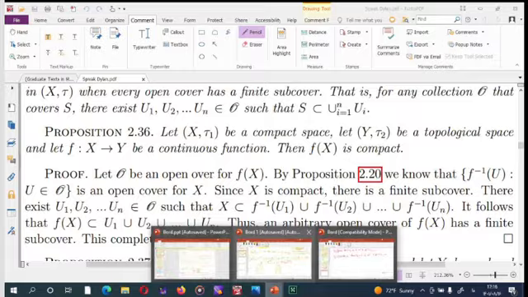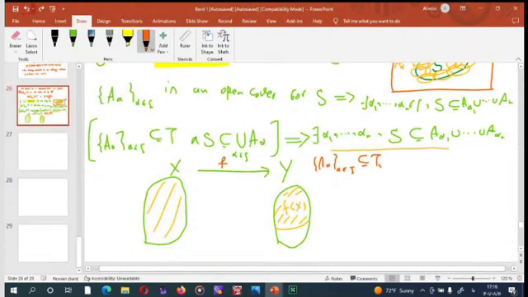We can write this as a subset of T2. This is a topology on Y, because f of X is a subset of Y, is an open cover for f of X.